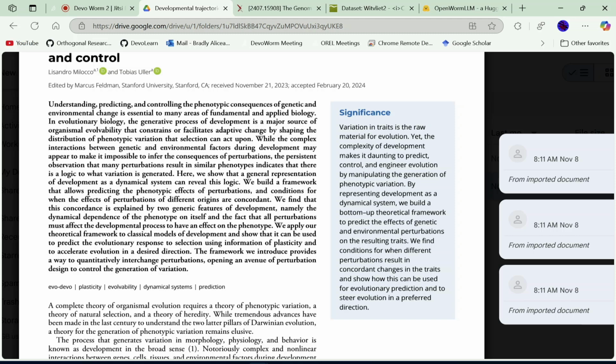We don't want an opaque process. We want to be able to manipulate it. In evolutionary biology, the generative process of development is a major source of organismal evolvability that constrains or facilitates adaptive change by shaping the distribution of phenotypic variation that selection can act upon.